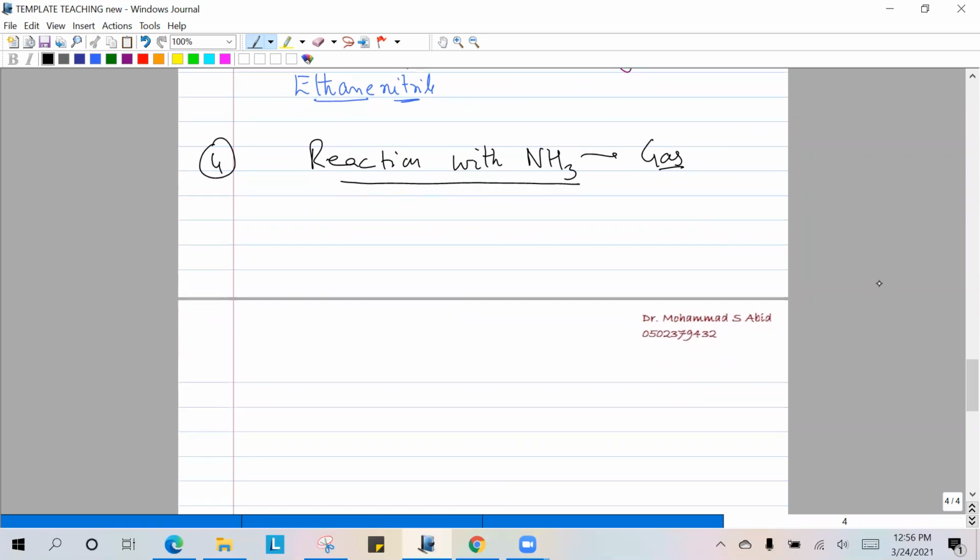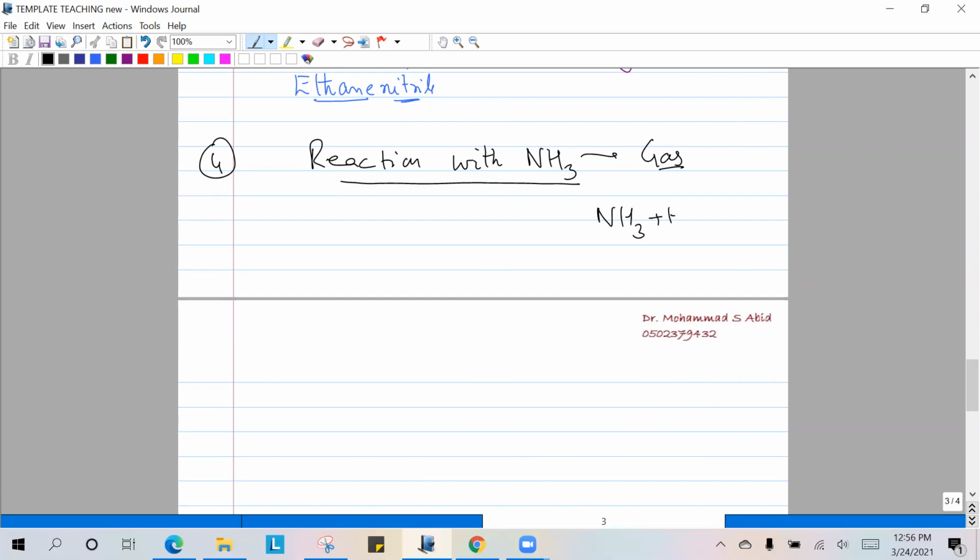So remember this, ammonia here is not dissolved in water, because if you dissolve ammonia in water, it will form ammonium hydroxide, and then this OH will start behaving as a nucleophile and so on. We don't want that to happen.